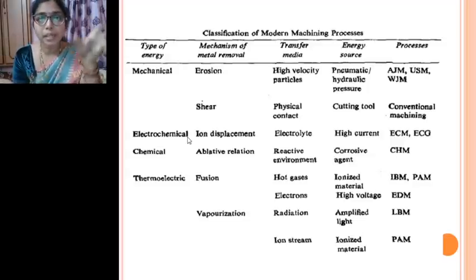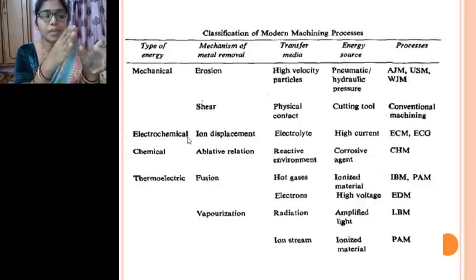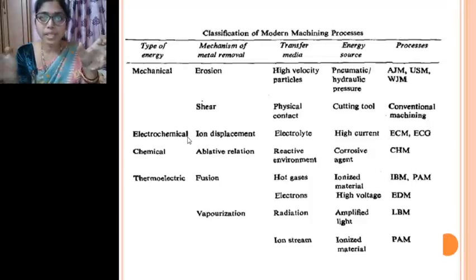This anode is nothing but our workpiece. If the workpiece is connected as an anode, the material will be lost from the anode surface and settle in the electrolyte as a salt, as sludge. It will be settling at the bottom.